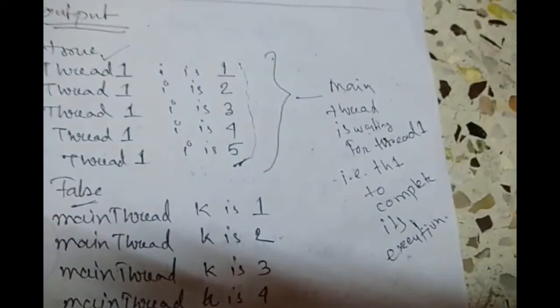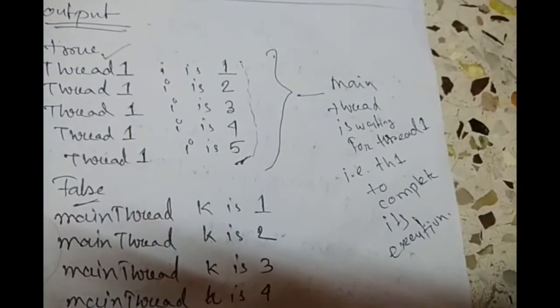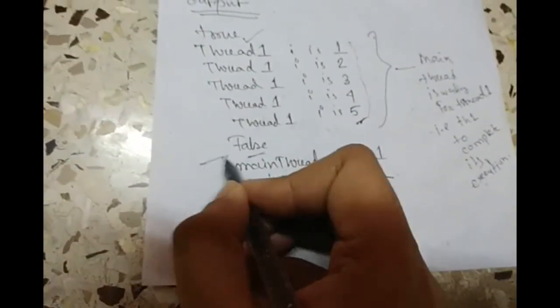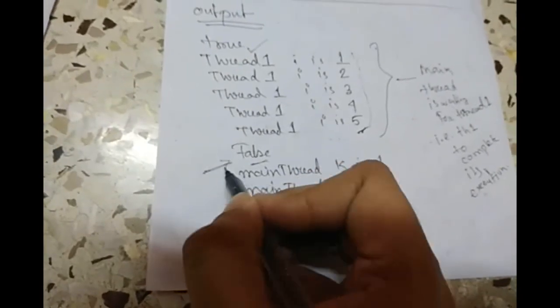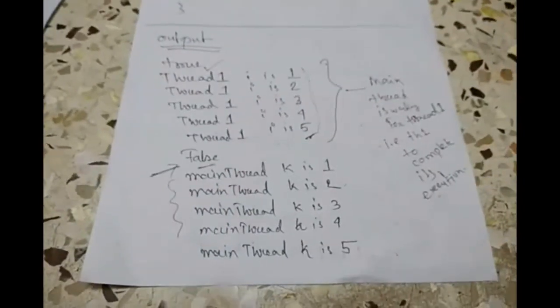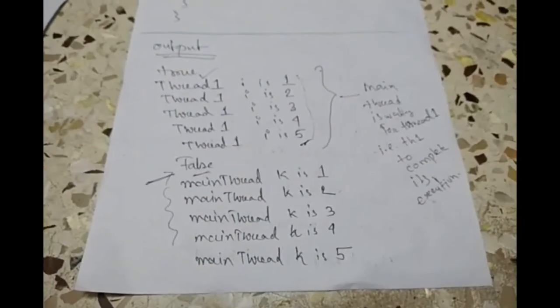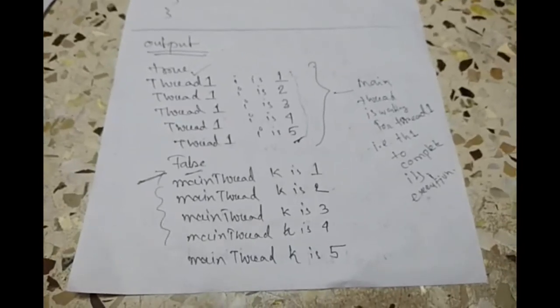So here the main thread is waiting for th1 to complete its execution, and when the child thread exits or terminates, the main thread will begin its task. And this is how the join method works.